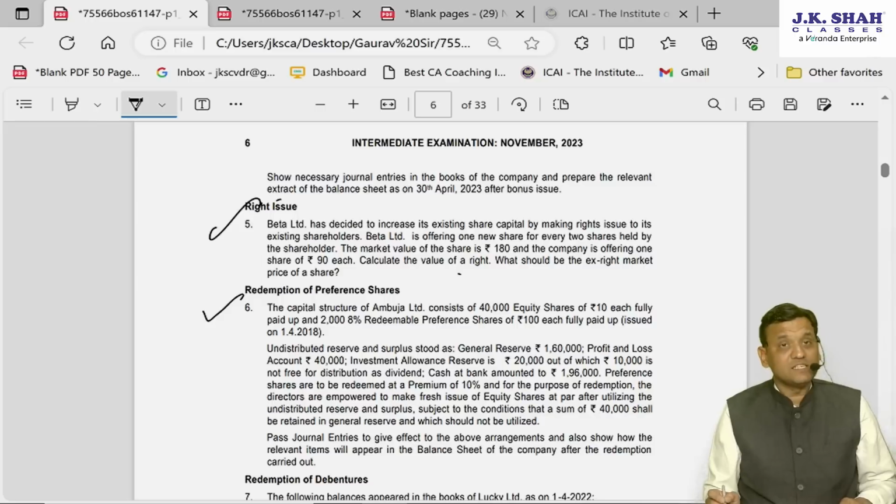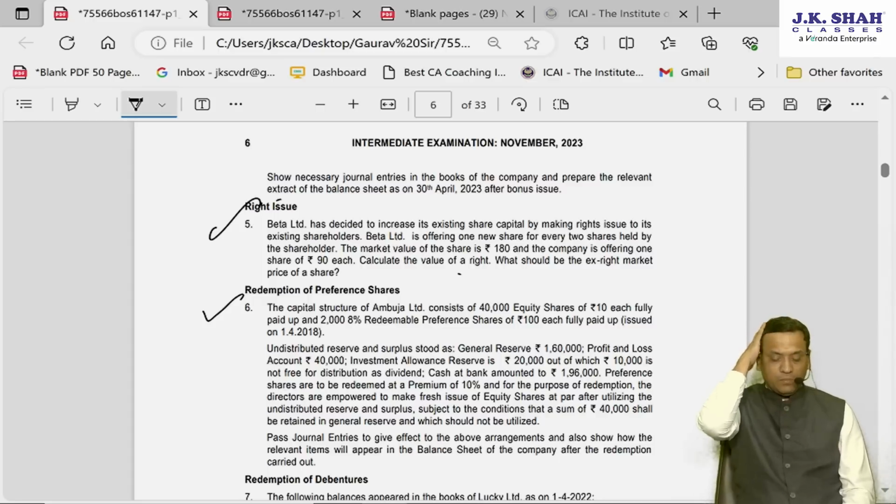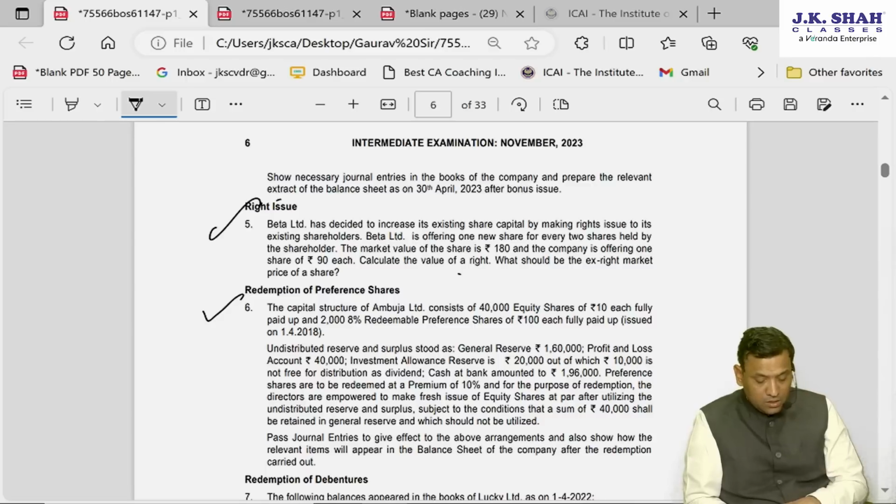Now question number 6 is redemption of preference shares. The capital structure of Ambuja Limited consists of 40,000 equity shares of 10 each fully paid up and 2,000 8% redeemable preference shares of rupees 100 each fully paid up issued on 1st April 2018.